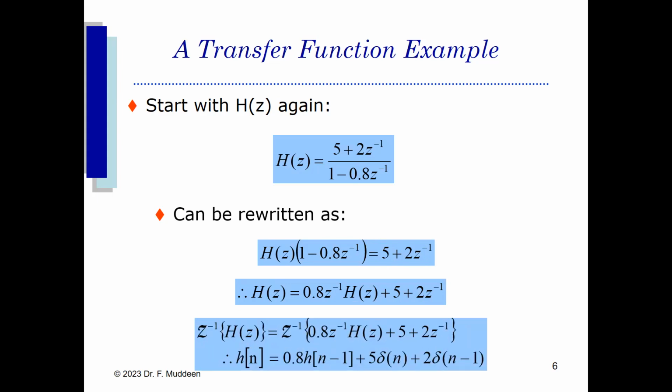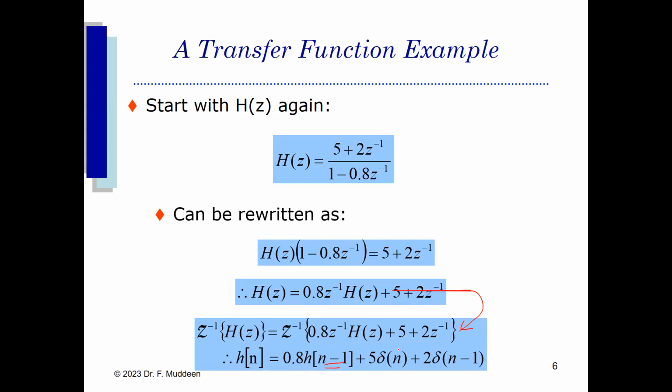So the inverse Z transform of H(z) is h[n]. And 0.8 z^-1 H(z) means that h[n] has been delayed by 1.